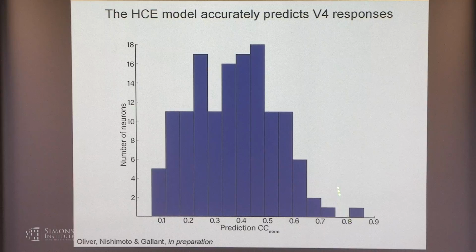You might ask, why don't we have better predictions here? I will tell you, our prediction errors are not Gaussian. These prediction errors have a long tail. Most of the time these predictions are pretty accurate. But when this thing fails, it's because some specific image came in that triggered some higher order nonlinearity that we don't have in our model because we don't have enough data to fit it.